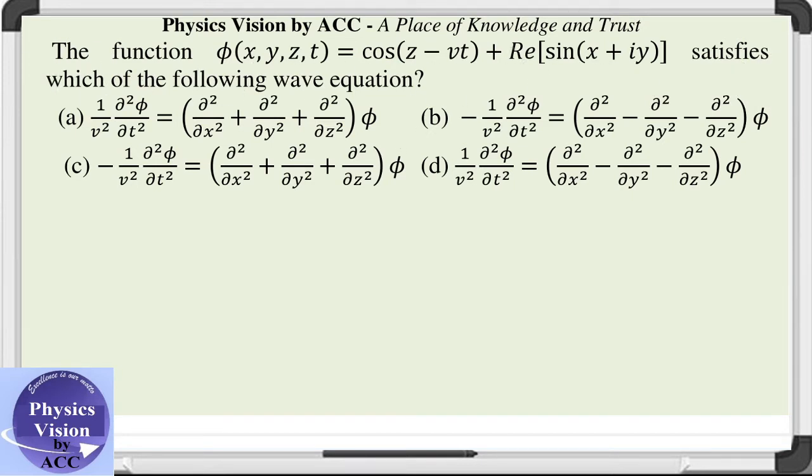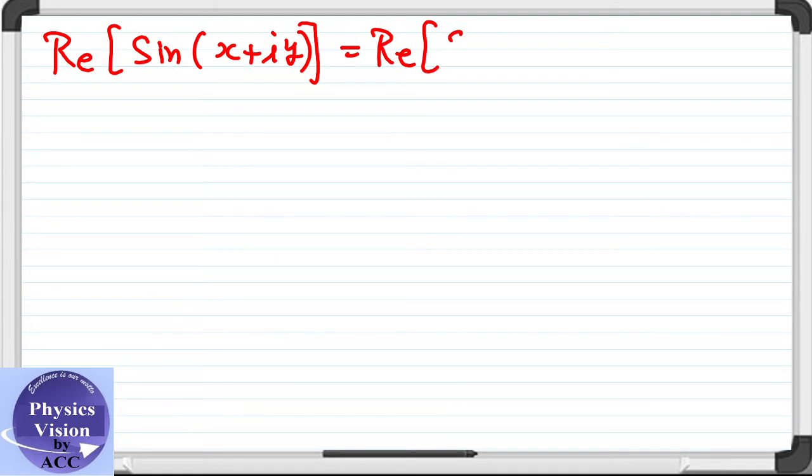For that, firstly we need to calculate the value of this real part of sine of x plus iota y. So let's calculate this part first, which is given as real part of sine of x plus iota y. What is sine of a plus b? By using the formula, this becomes sine a cos b, that is sine x cos of iota y, plus cos x sine of iota y.